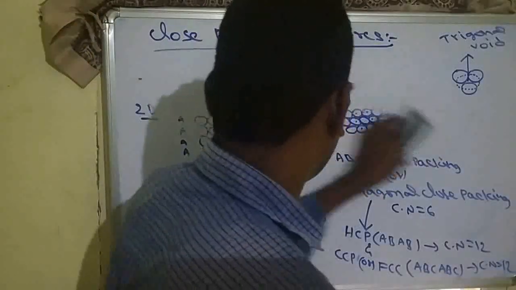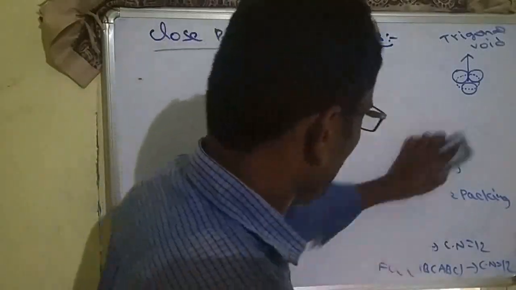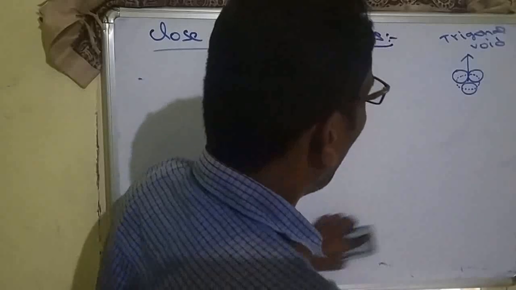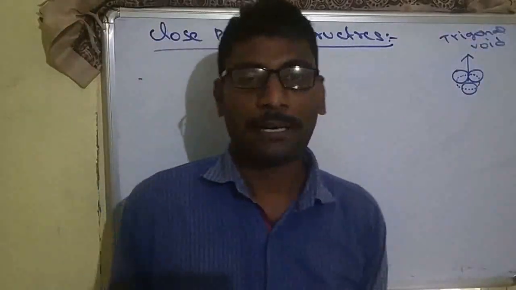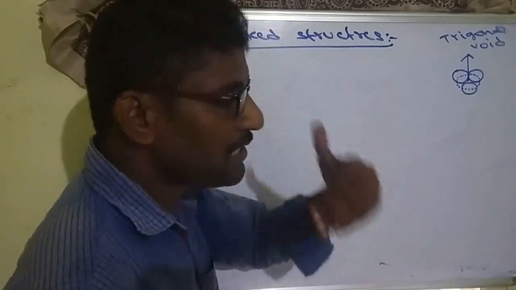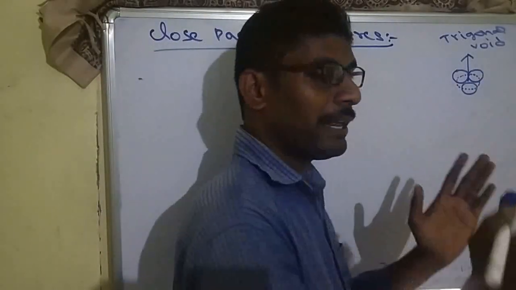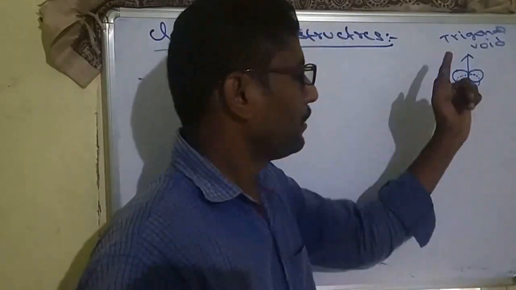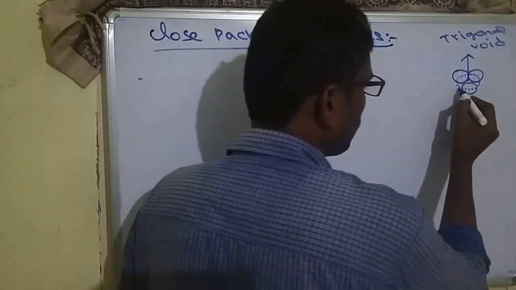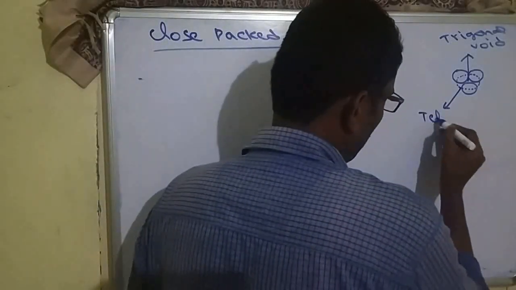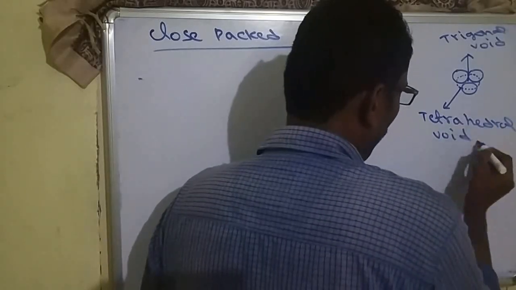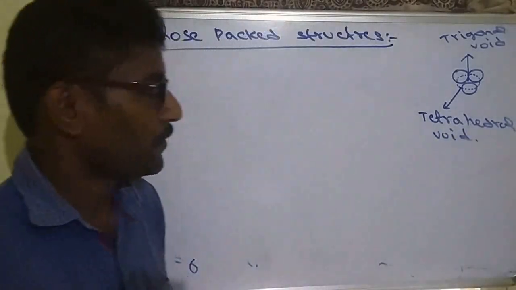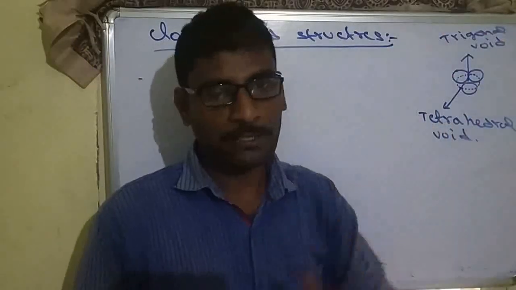Now see this. Between three particles, some space is there that we are calling a trigonal void. If that space is covered by the next layer particle, then that space is called a tetrahedral void. So in two-dimensional, trigonal voids will be there.